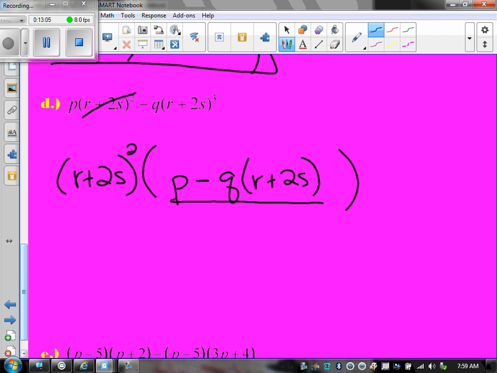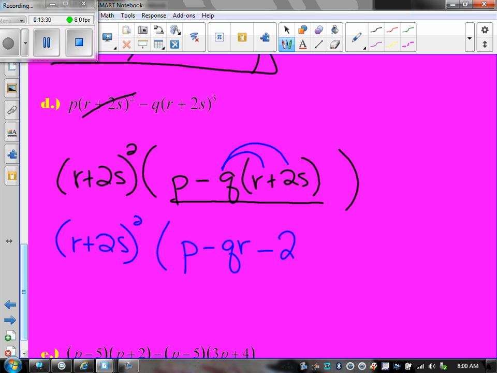Negative 2. Perfect. Let's make it look a little bit more simplified by taking this Q and distributing it through. It's a negative Q, so make sure you bring the negative with it. Left over in this parenthesis, I have a P minus QR minus 2SQ, or 2QS, it doesn't matter the order.